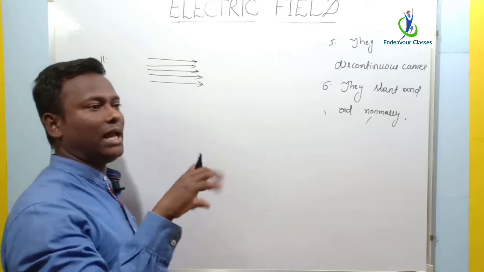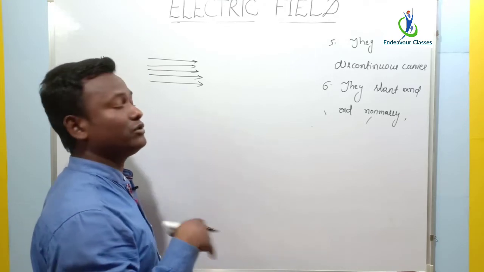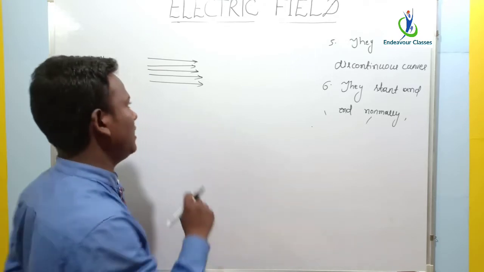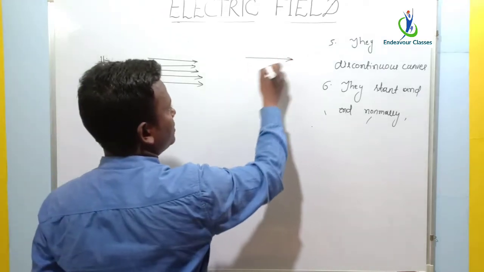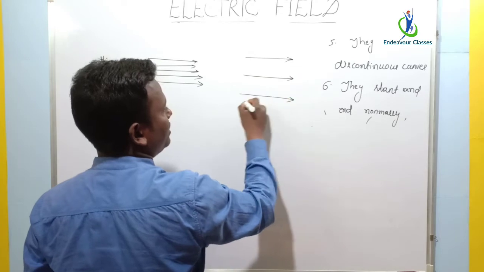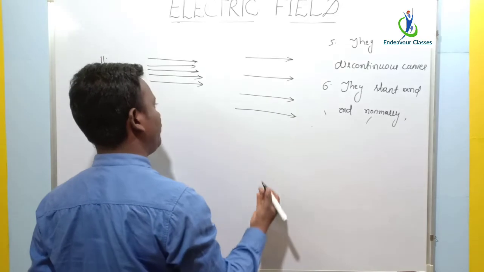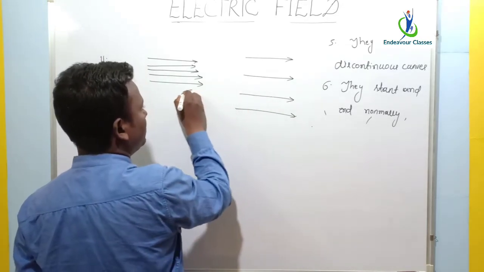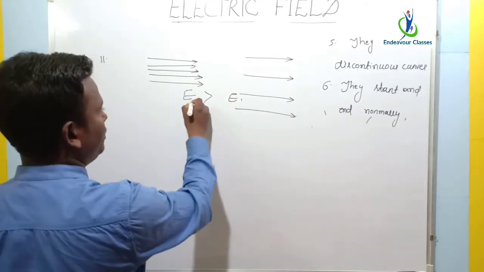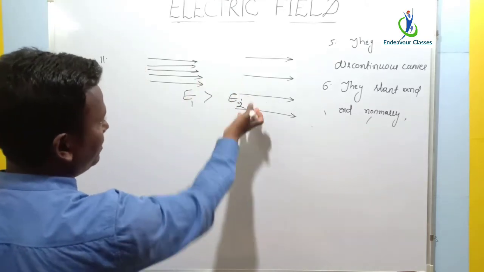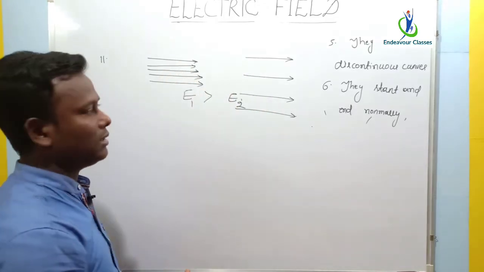If the density of the lines of force is more at a region of space, then at that point we can say that the field is stronger. And if the lines of force are farther away from each other, then it indicates a weak field. So here this field is greater than this field. Suppose this is E2, so E1 is greater than E2, because here the distance is less, here the distance is more.